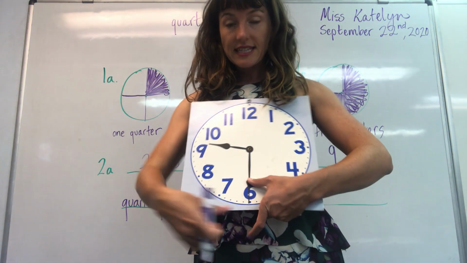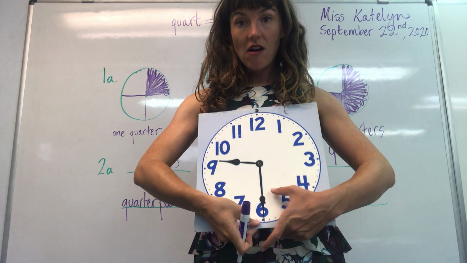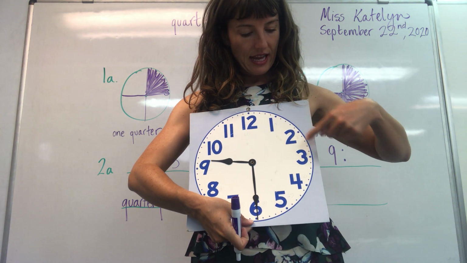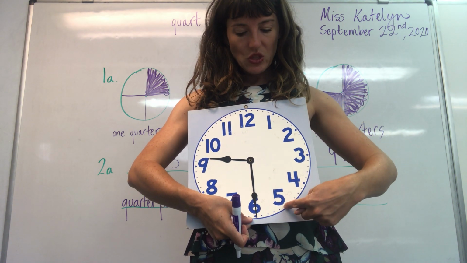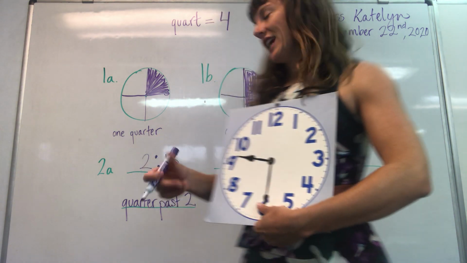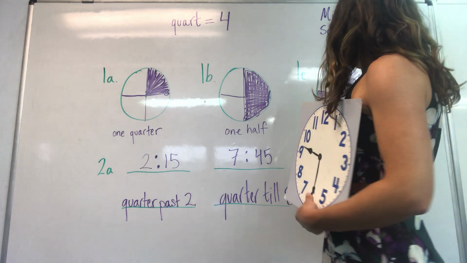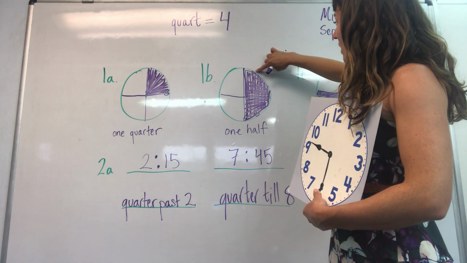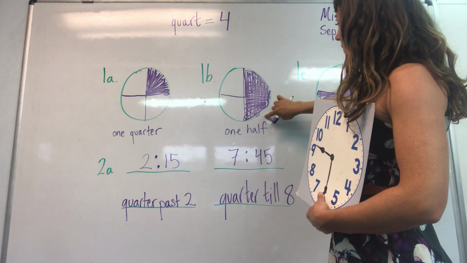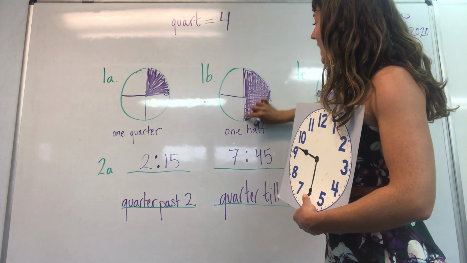Okay? And then let's count by 5s to that long hand. 5, 10, 15, 20, 25, 30. 9:30.